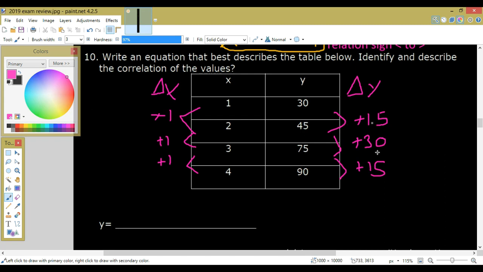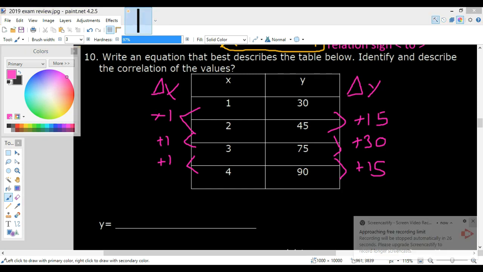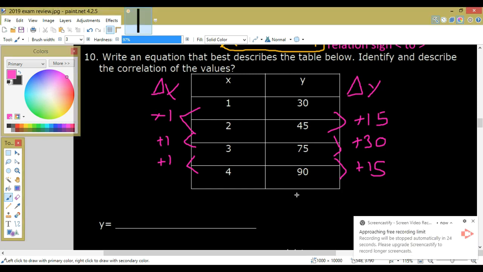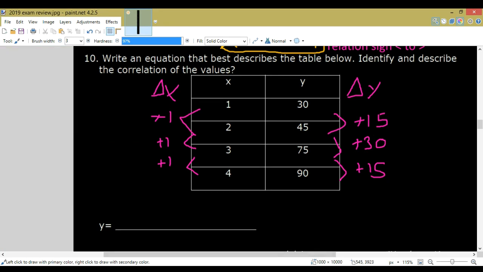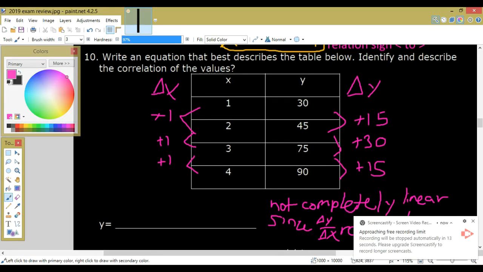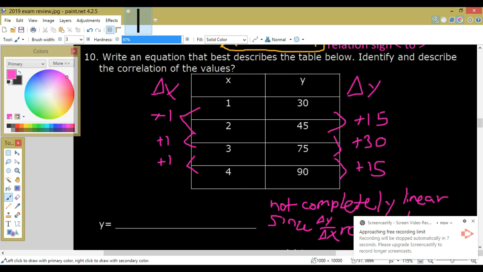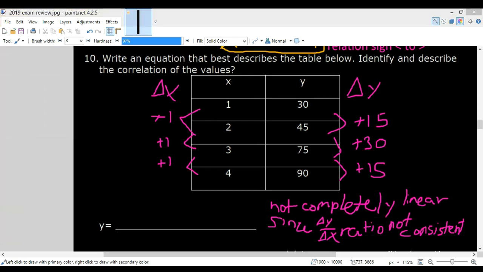Since these changes are not consistent, it's not completely linear, and we're going to use the graphing calculator to calculate the linear regression model. The ratio of the change in y over the change in x is not consistent.